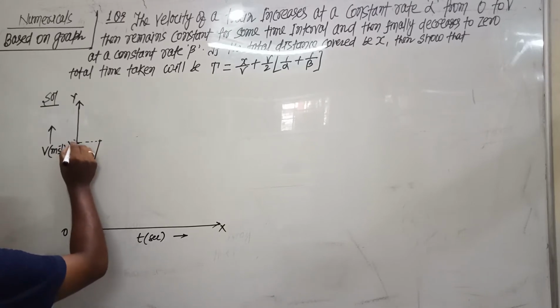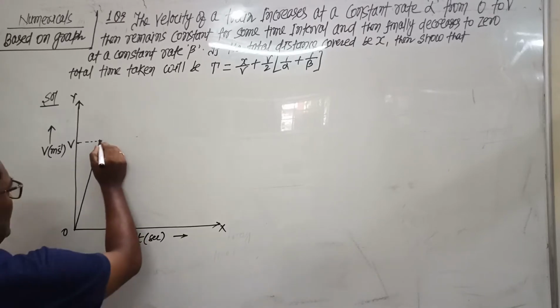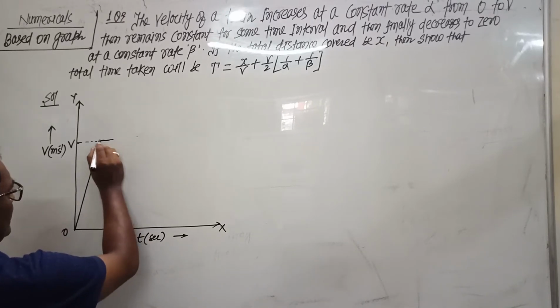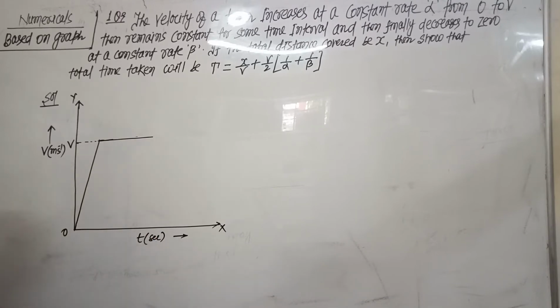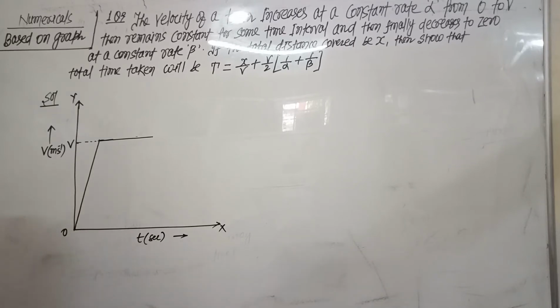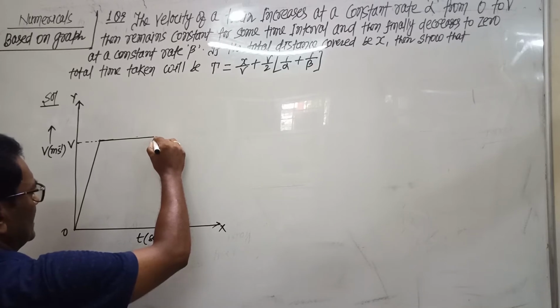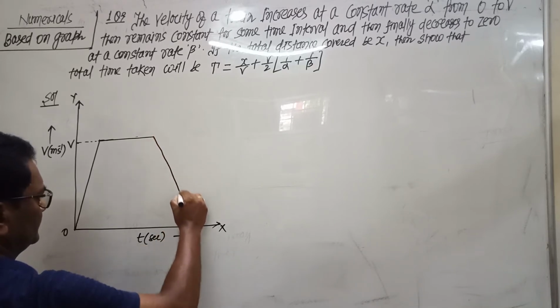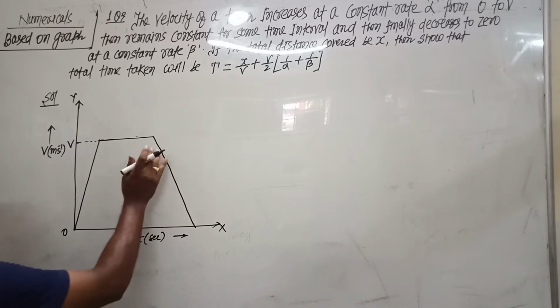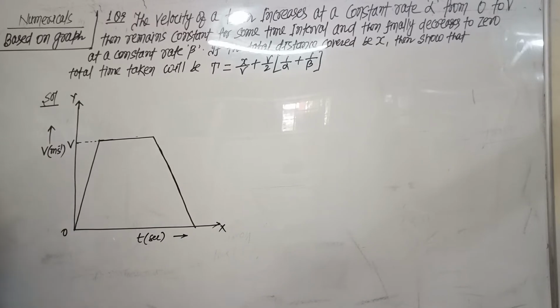This is the final velocity v, initial velocity 0. Then it moves for some time, and the velocity in this interval of time remains constant. Then there is a retarded motion. Velocity decreases. A negative acceleration acts in this time interval and finally velocity becomes 0.